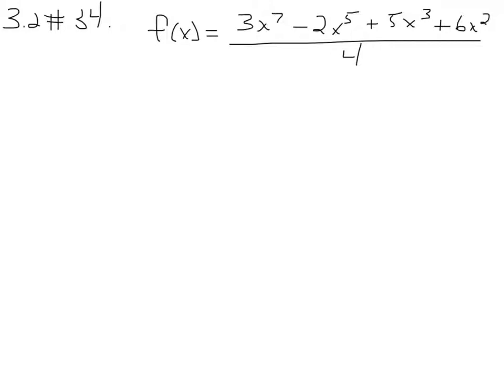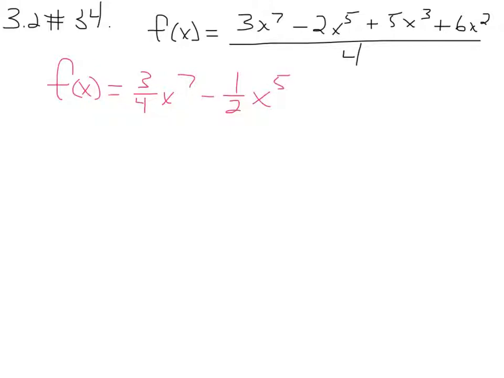In fact, the best way to do that is we're dividing by 4 here. Well, that means we have to divide every one of these terms by 4. So 3 divided by 4 we can write as 3/4 x to the 7th minus 2/4 x to the 5th, but 2/4 is the same thing as a half, so I'm going to simplify that a little bit.